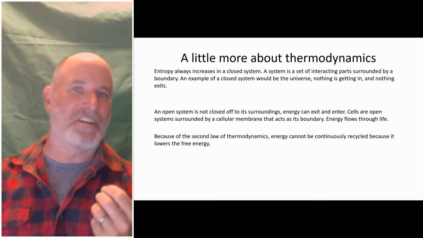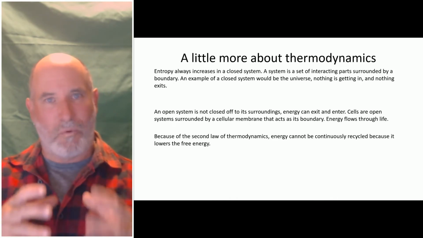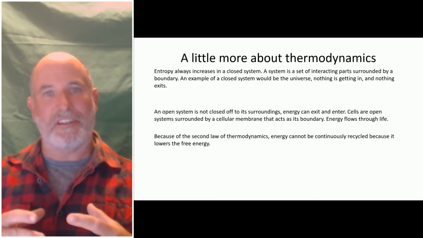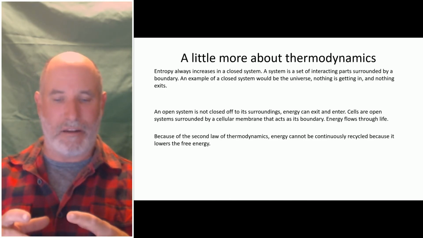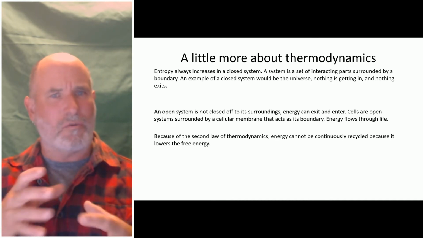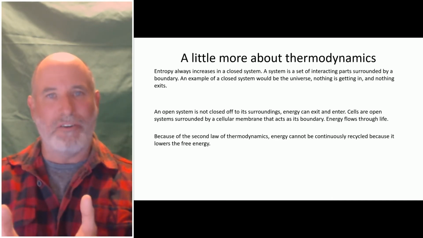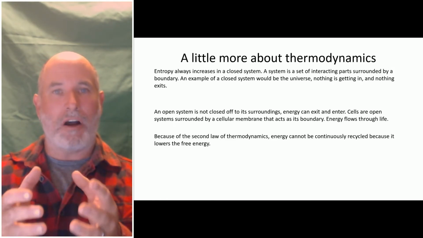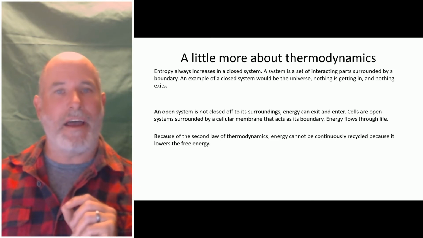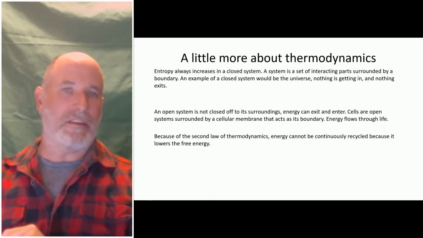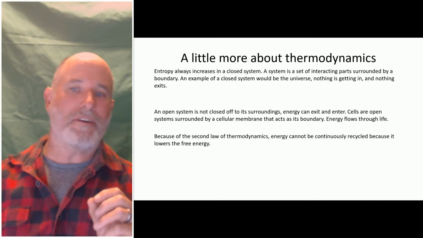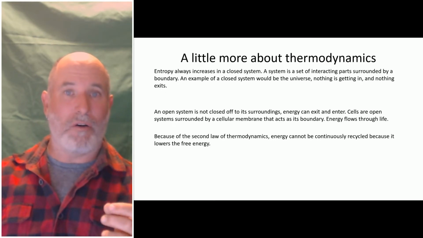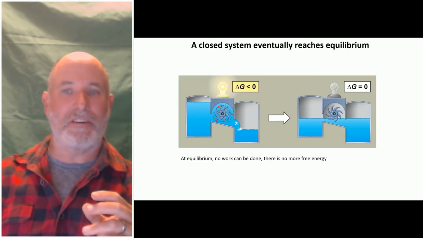You could imagine a cell as all of these chemical reactions taking place and all the interactions of the cell, the endomembrane system and the cytoplasm and of course the cytoskeleton, all working together within a set boundary, which is our cell membrane. That is our system. Now, a closed system means that nothing is entering, nothing is leaving, and closed systems always go to equilibrium. Whereas an open system has things that come and go. They're not closed off to the rest of the universe.